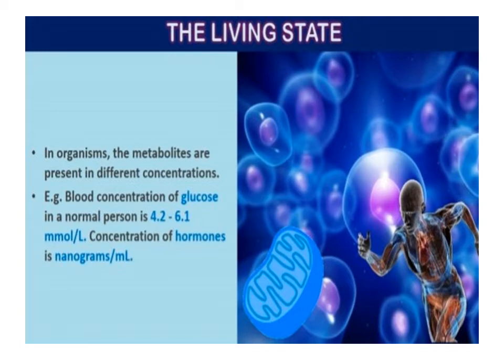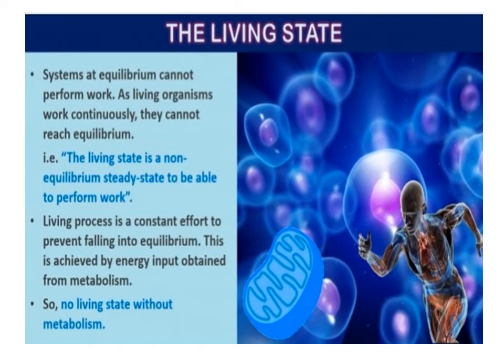Concentration of hormone is nanograms per milliliter. These biomolecules are in a metabolite flux. As living organisms have to work continuously, they cannot afford to reach equilibrium. Hence, the living state is a non-equilibrium steady state to be able to perform work.